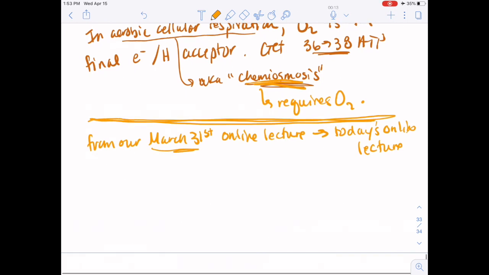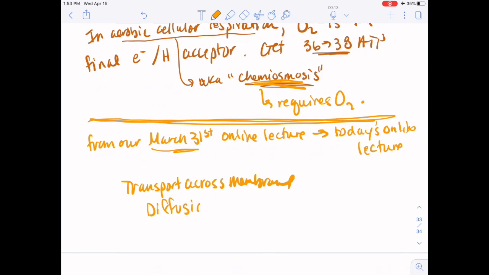So this started with transport across the membrane. And that was diffusion and concentration gradients and osmosis and hypertonic, hypotonic, isotonic stuff.